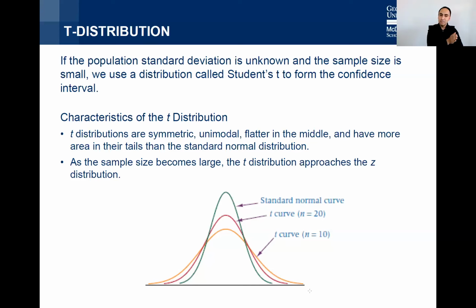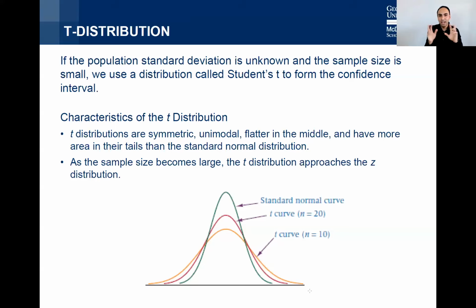A very similar probability distribution in statistics is called the t-distribution, also known as Student's t. It has a very funny story behind why it's called Student's t. This goes back 100 or 120 years ago, where a statistician working for Guinness Brewery developed this statistical distribution, but he couldn't publish the paper under his own name.